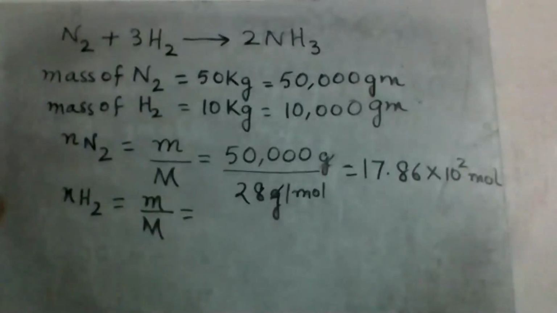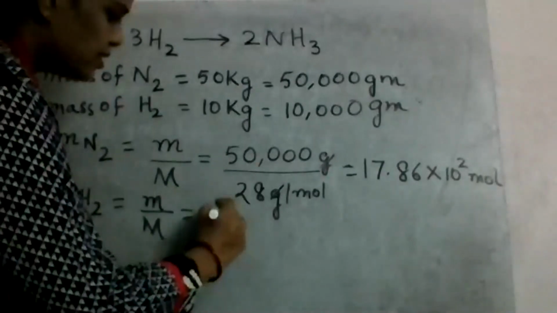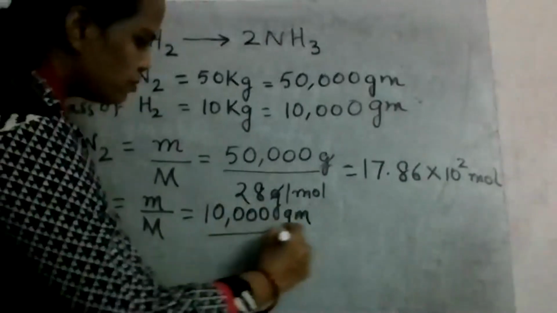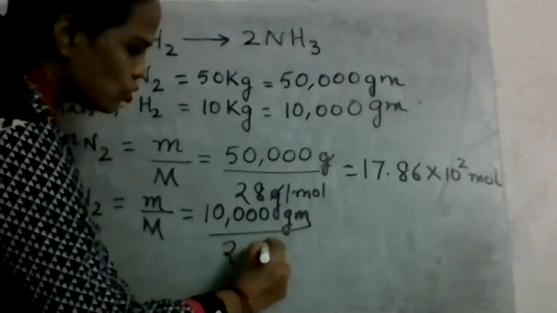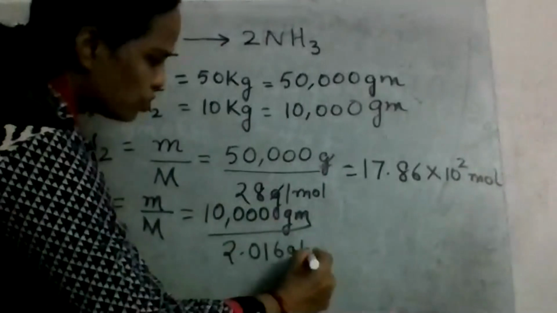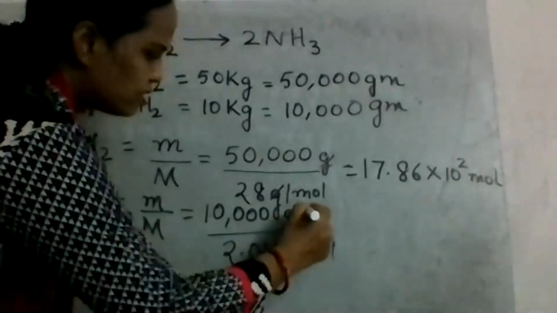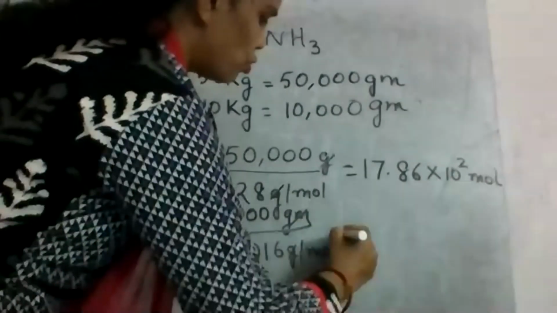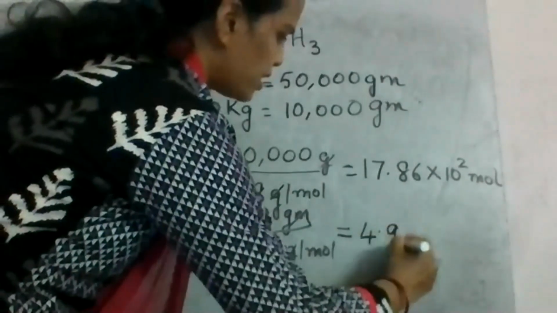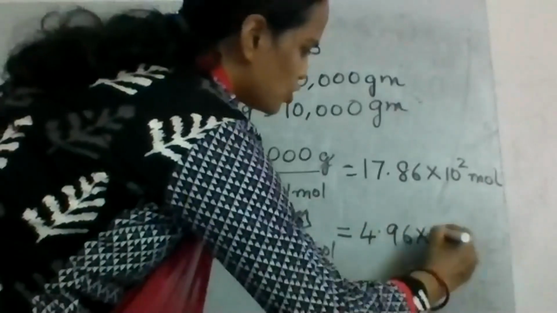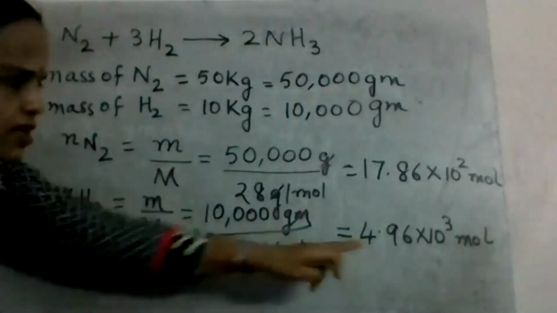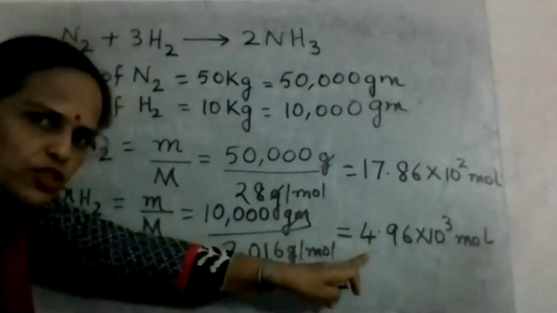So we divide 10,000 grams by 2.016 grams per mole, and we get 4.96 into 10 raised to 3 moles of hydrogen.